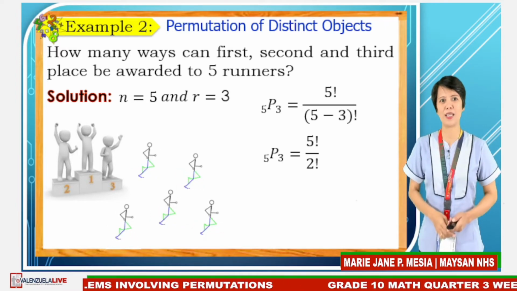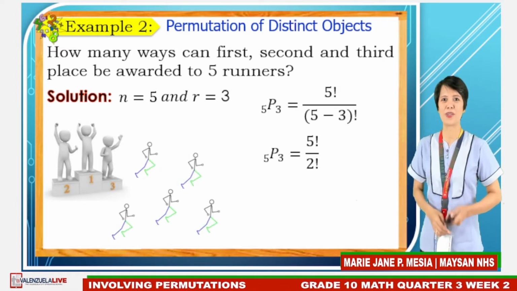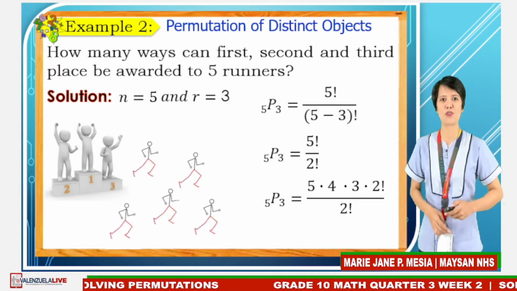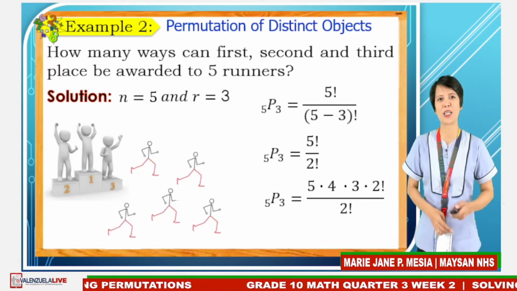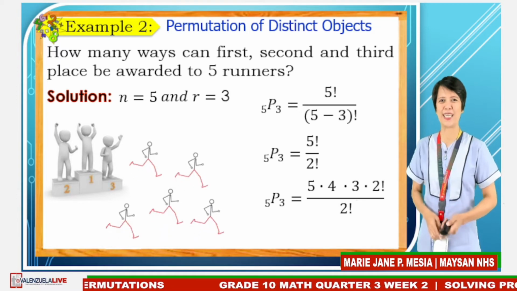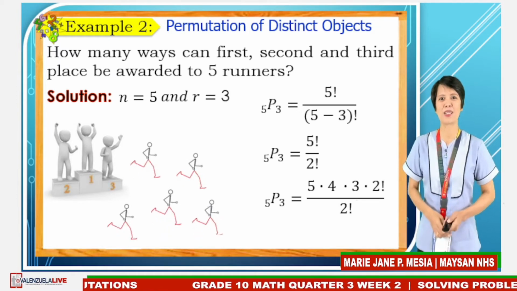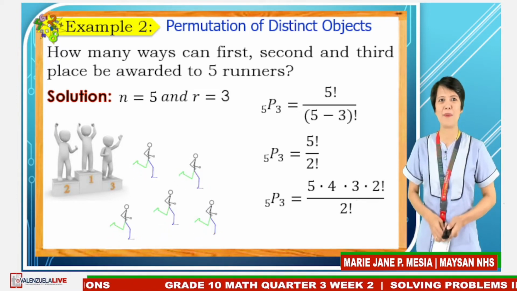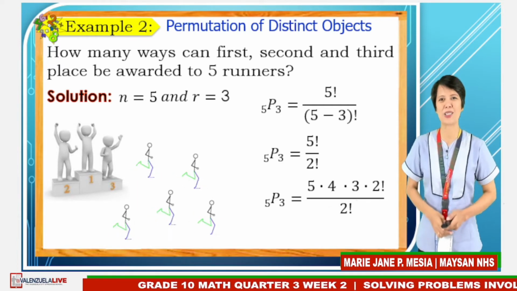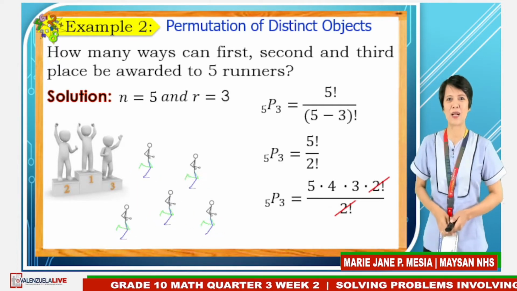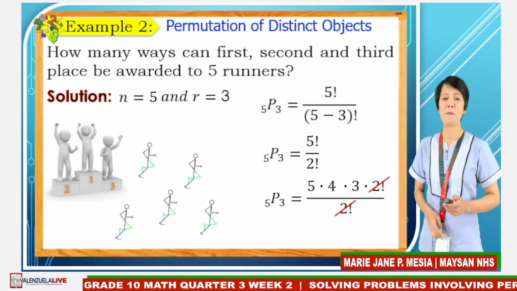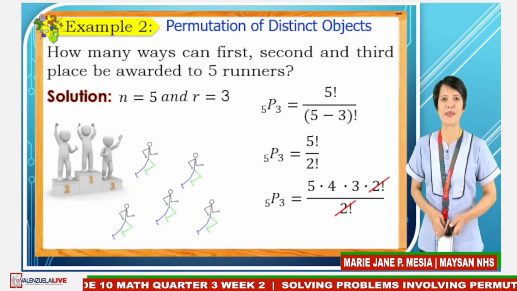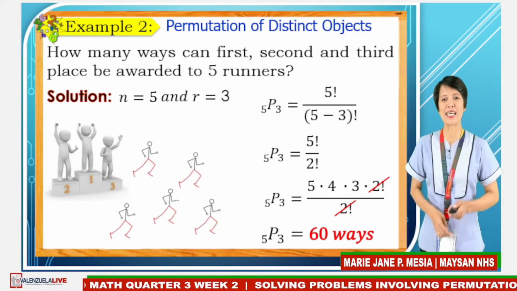Expand the factorial notation, we have 5 permute 3 is equal to 5 times 4 times 3 times 2 factorial all over 2 factorial. So we stop at 2 factorial since our denominator is also 2 factorial. Then cancel 2 factorial. What is left is 5 times 4 times 3. And the answer is 60 ways.